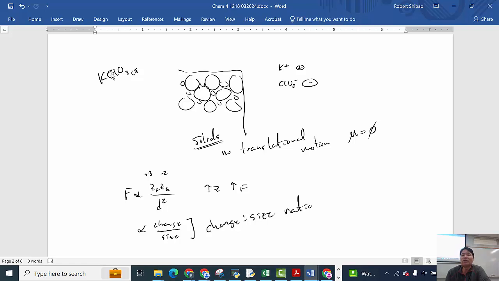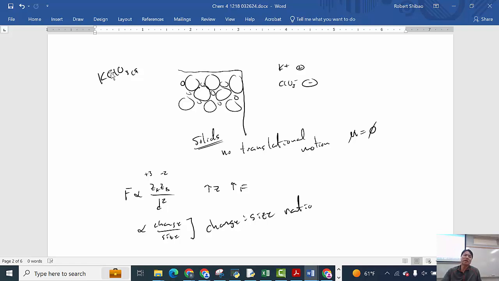If H plus could form an ionic solid, it would be pretty strong, but it doesn't because H plus is too reactive. It reacts with whatever it encounters, like water molecules. When H plus reacts with water molecules, it forms hydronium, right? And so what we do is we think in terms of charge to size ratio.